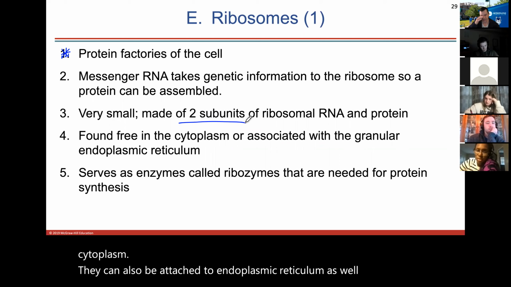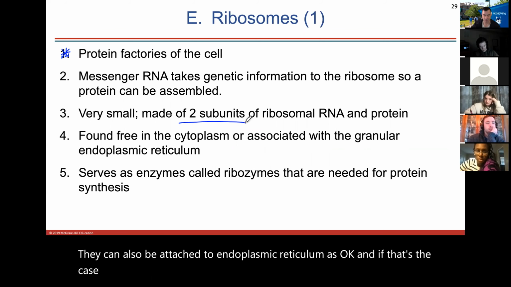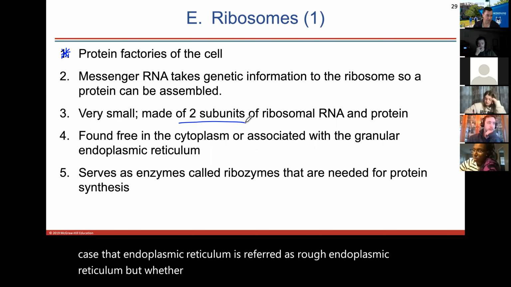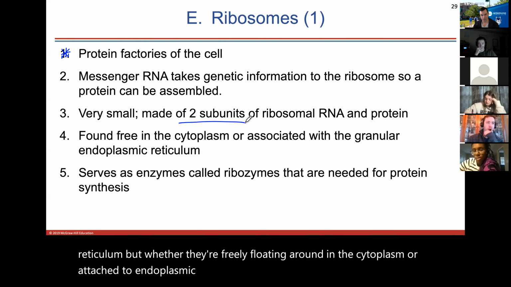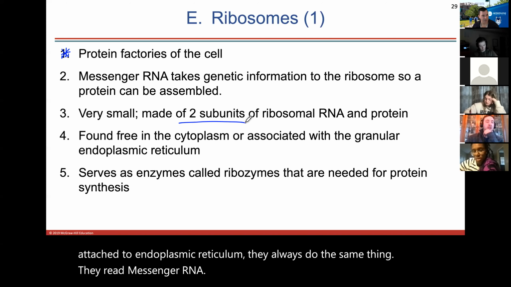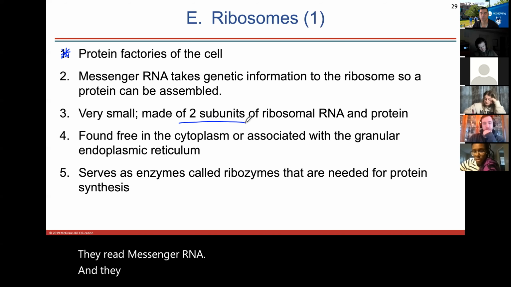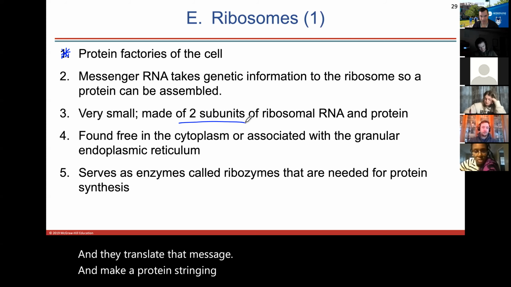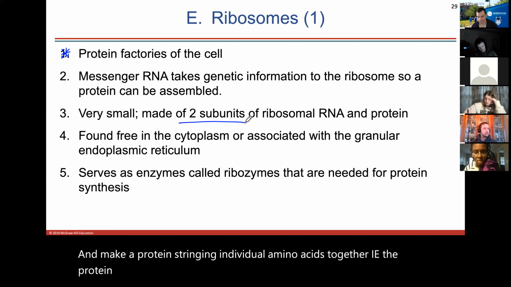And if that's the case, that endoplasmic reticulum is referred to as rough endoplasmic reticulum. But whether they are freely floating around in the cytoplasm or attached to endoplasmic reticulum, they always do the same thing. They read messenger RNA and they translate that message and make a protein, stringing individual amino acids together, i.e. the protein being made, okay?